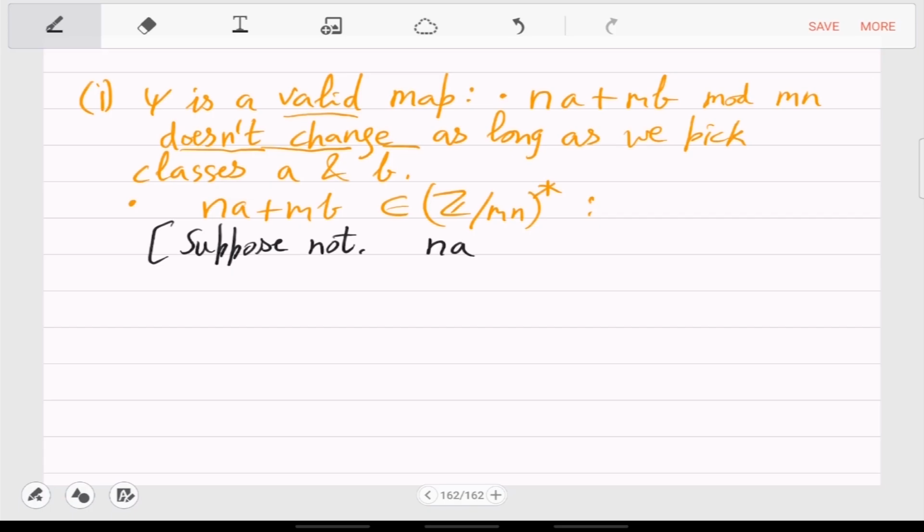So suppose NA plus MB and mn share a factor G, and that the GCD is G. Let me just do the symmetric case, one case which will suffice. Suppose that NA plus MB shares some factor with M, right? I mean, if it shares a factor with mn, then it has to share a factor with either M or N. So let's just take a simple case that it shares a factor with M.